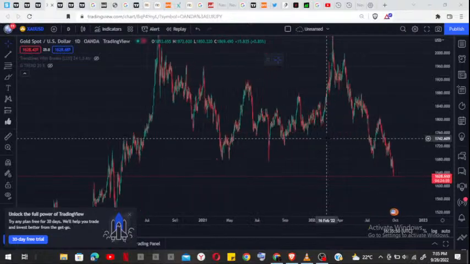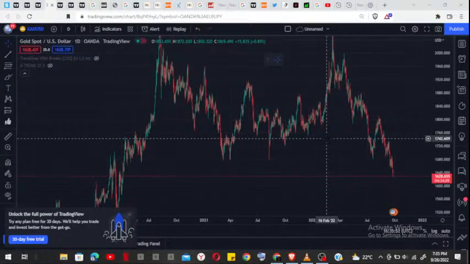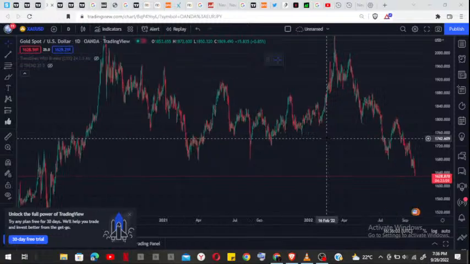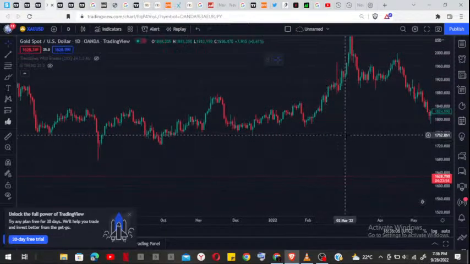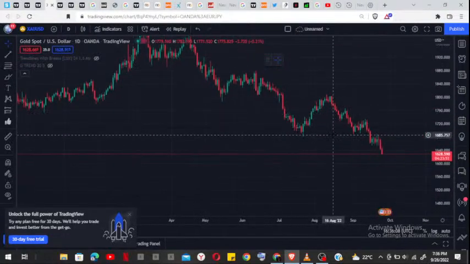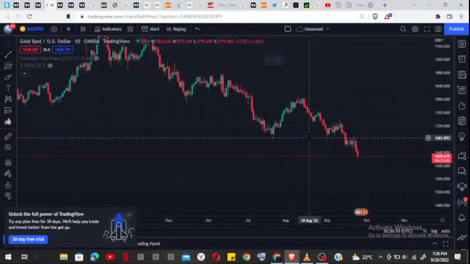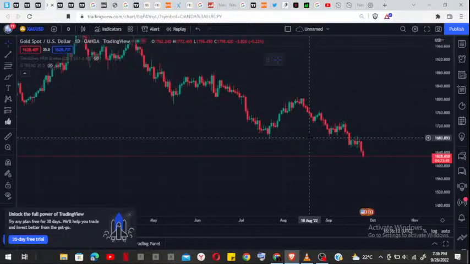So if you're new, we're using TradingView as usual to analyze our charts. Guys, this is just an overview of what gold looks like when I zoom in and when I zoom out. Let me just show you where we are at. So we are here, and this is a day time frame.